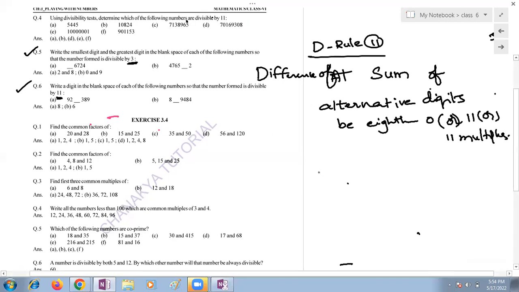So let me go with the question. My number was, question number A was given here in my textbook.